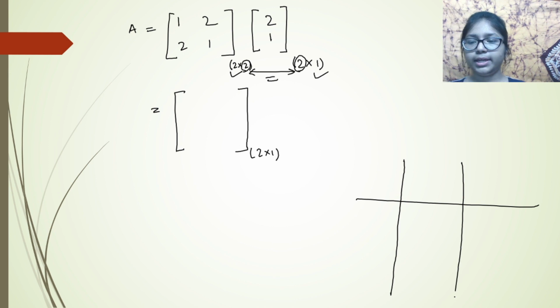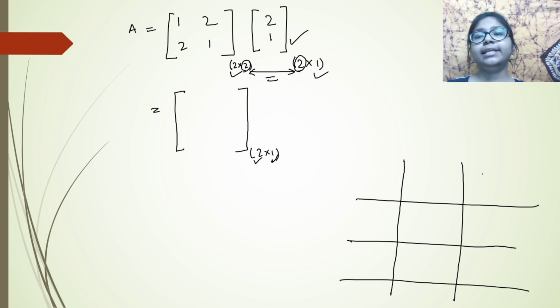So, the resultant matrix will have 1 column, and will have 2 rows. So, make 2 rows. This will contain the column elements of second matrix. Write second and then give the column sign, and this will contain the row elements of first matrix. So, write first and give the row sign.